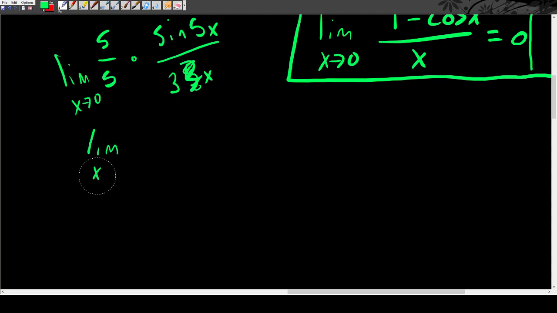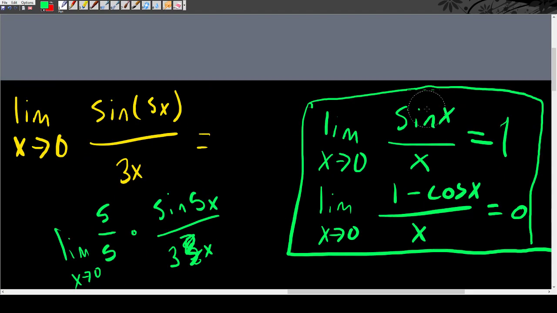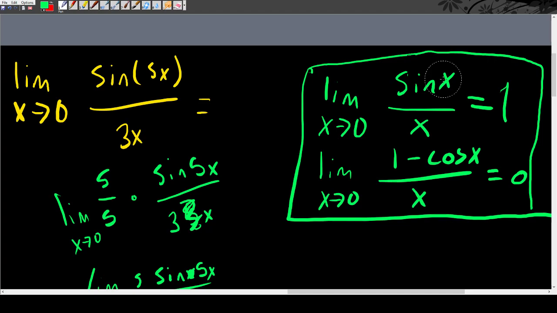Limit as x approaches 0 of sine of 5x over 5x up here, times 5 over 3. Let me put a caveat to this. This could be anything. Whatever is inside the sine, if it's below, it works.